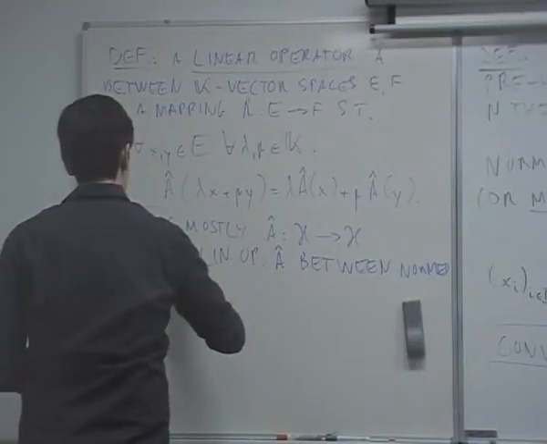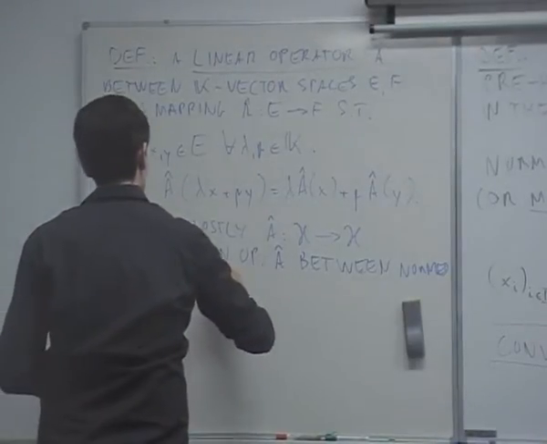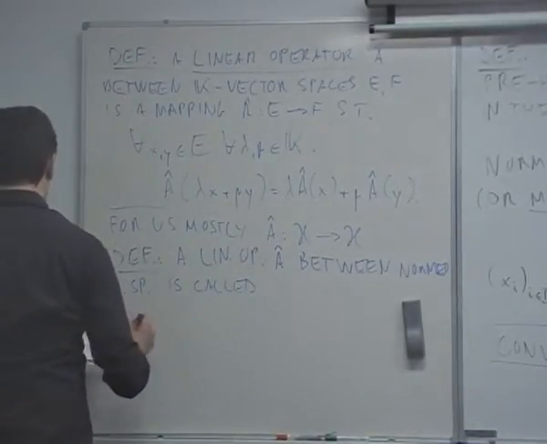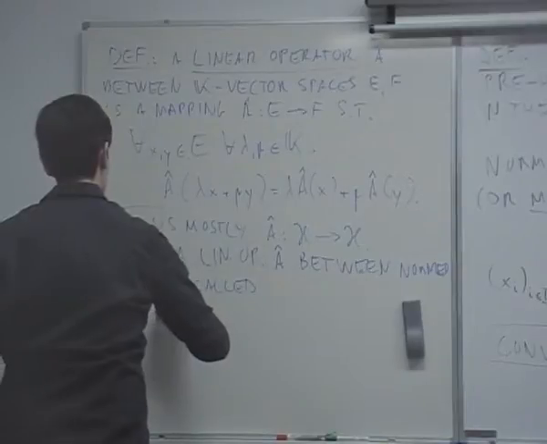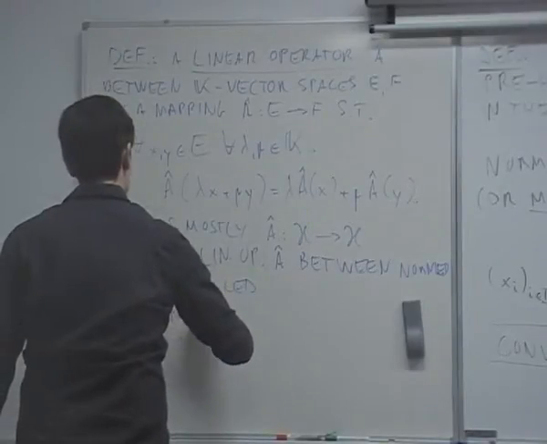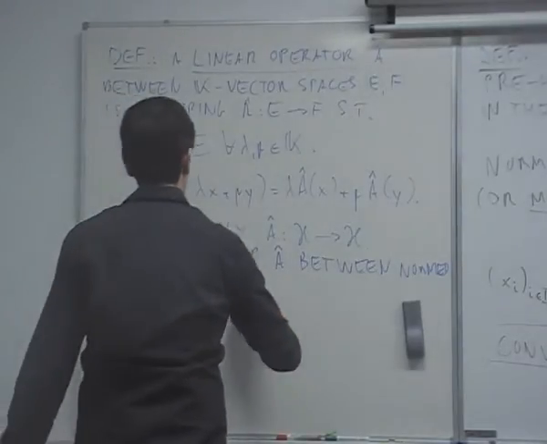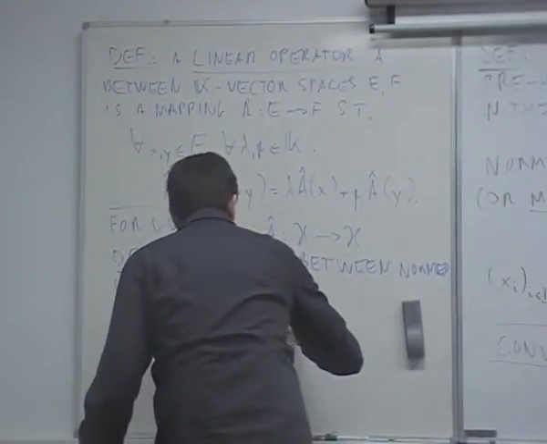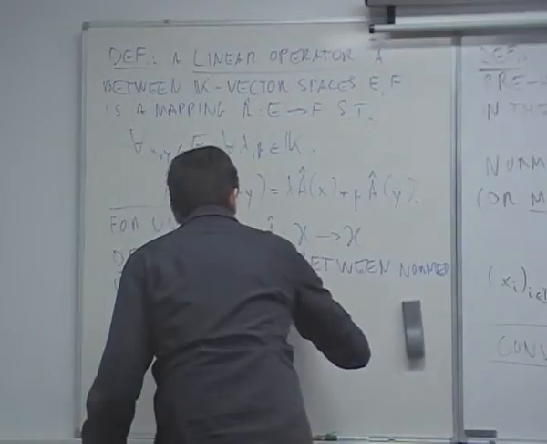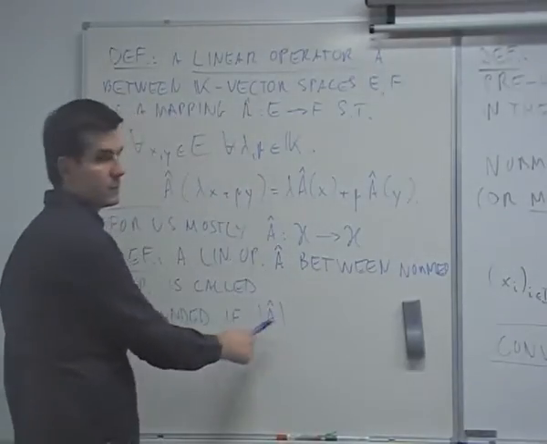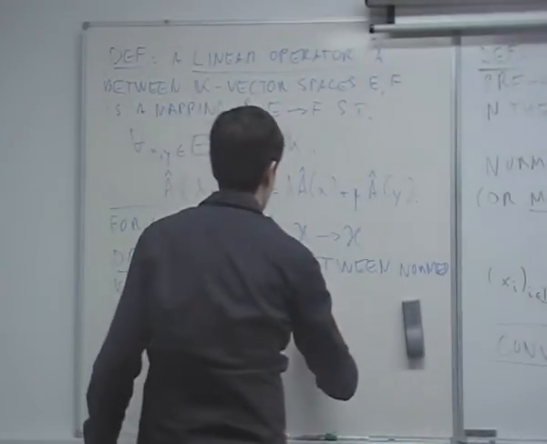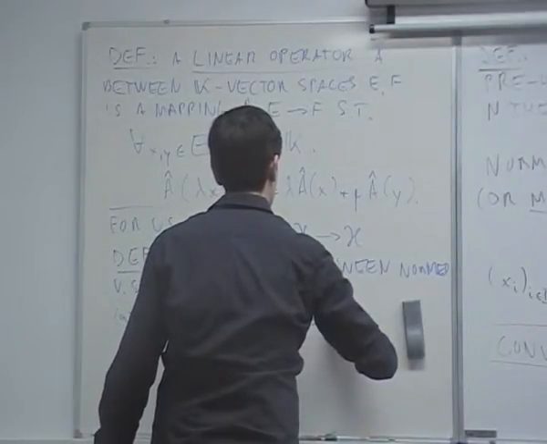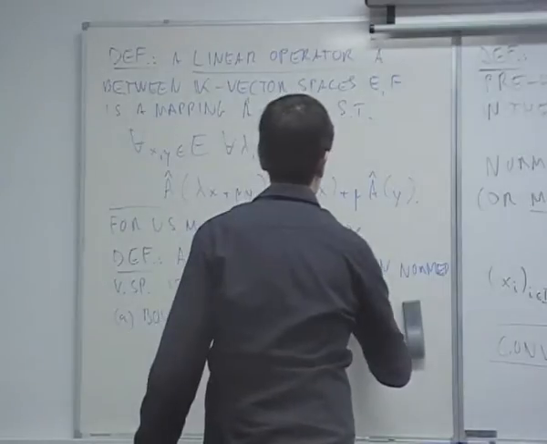A linear operator between normed vector spaces is called bounded if, well, following thing: define the norm of A. This is the supremum over the following set.